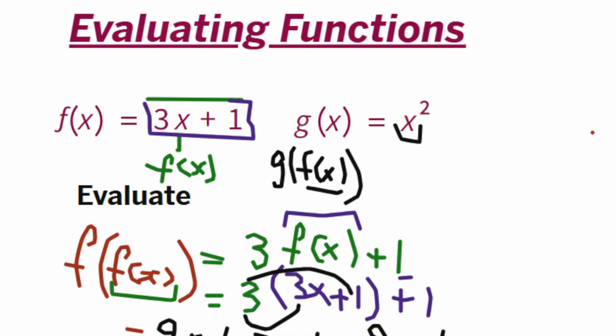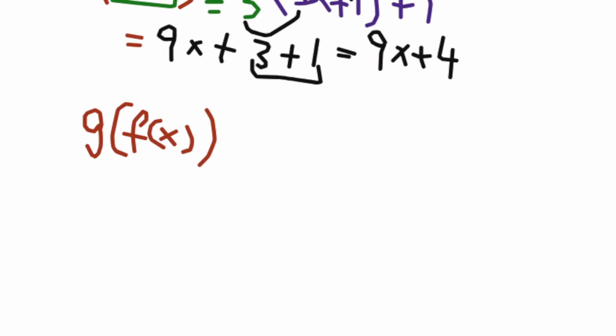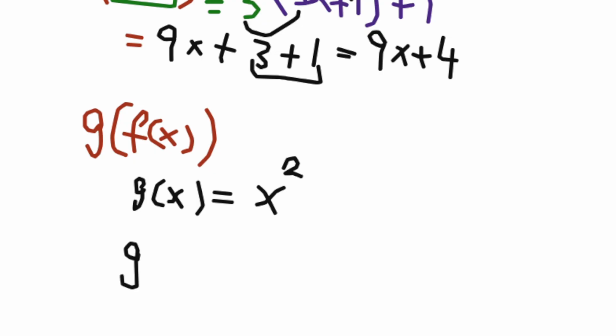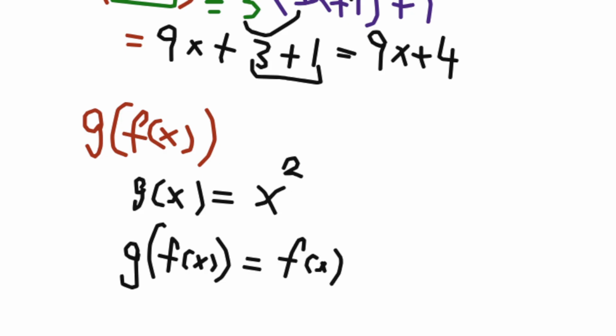So let's bring it down. Let's first write what's g of x. G of x is equal to x squared, isn't it? So it's going to be g of f of x is equal to f of x squared. Instead of x, I wrote f of x.